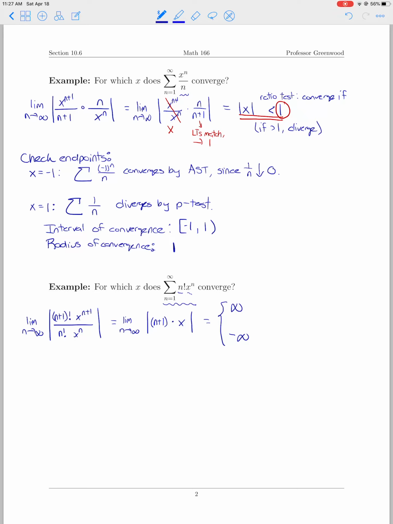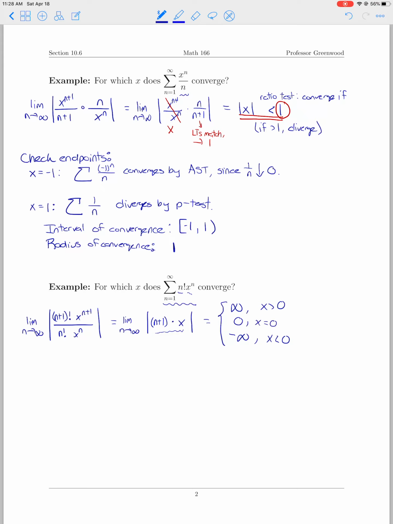And you could tell that that matters because either it's going to be a positive number if x is positive, or it's going to be a negative number if x is negative. And then there's that one borderline case where x is just 0. And if x is 0, then you can see that this term inside here is always equal to 0, no matter what n is. And so actually the limit in that case is just 0.